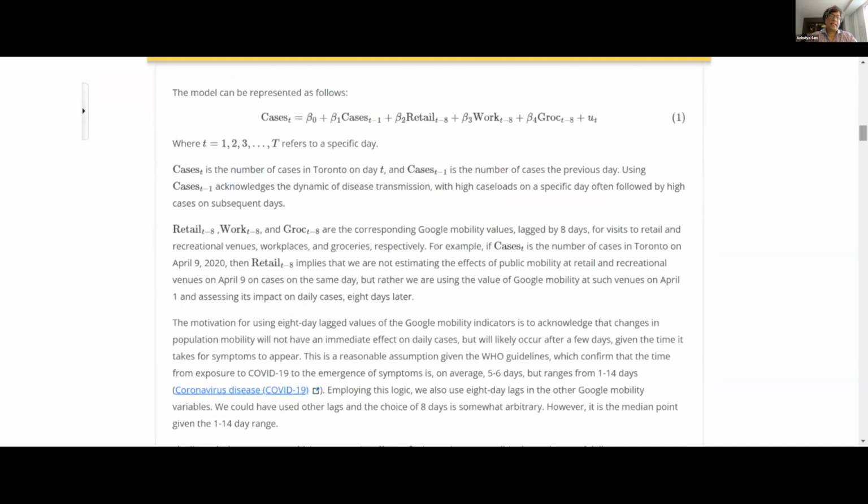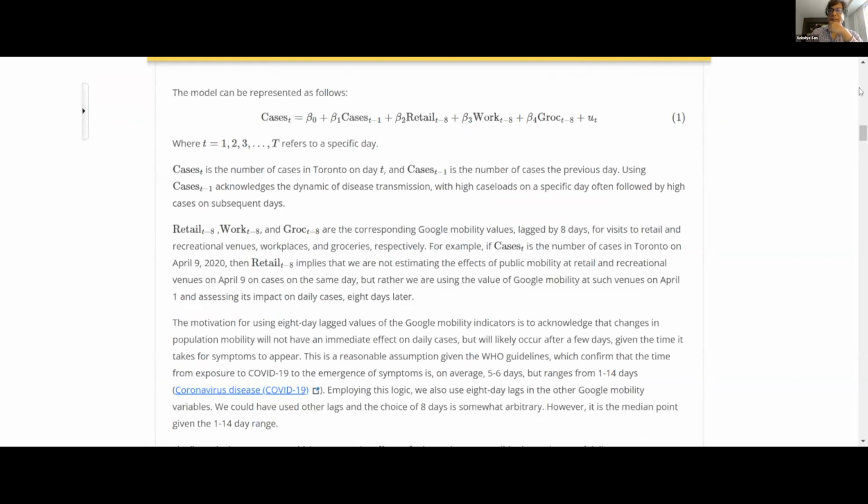You see the basic model we've come up with. The dependent variable is daily cases. A significant explanatory variable is that whatever happens today is a function of what happened yesterday, along with different mobility variables like Google mobility at retail outlets, workplaces, and groceries.